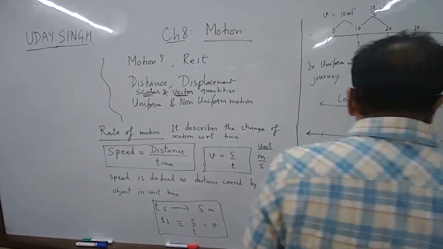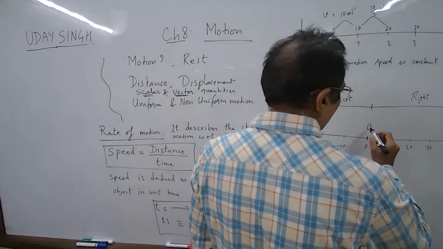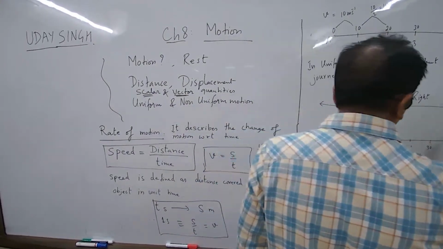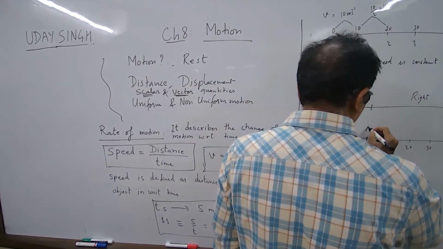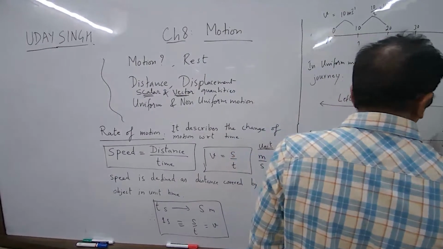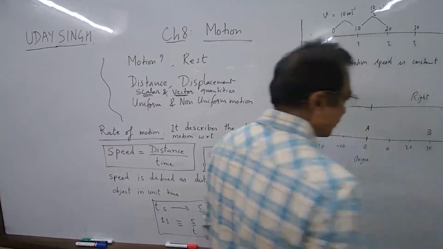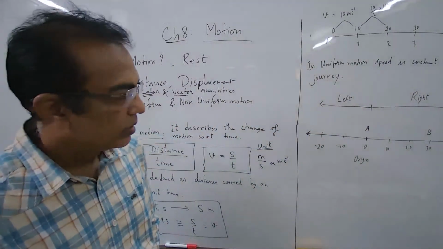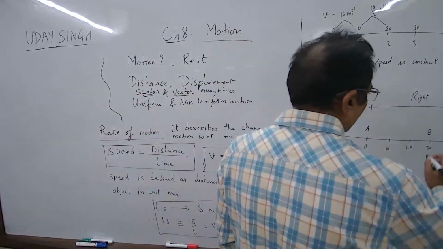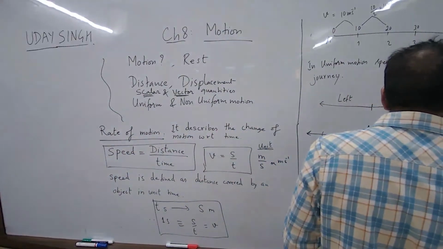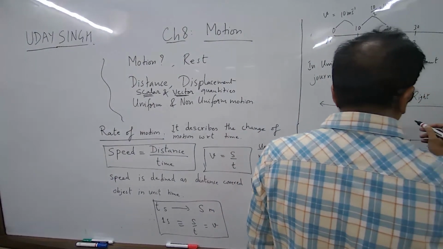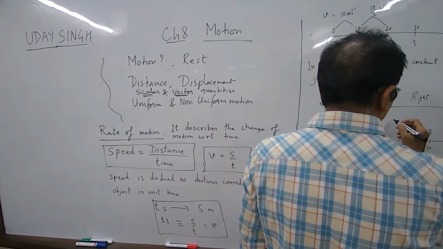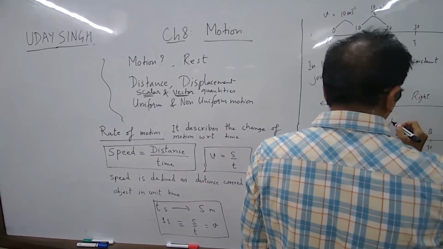Now I'll give you various motion scenarios. The object goes from O to A, then from A to B, and then from B to C. Then it comes back from C to D. So I'm writing the upper line.